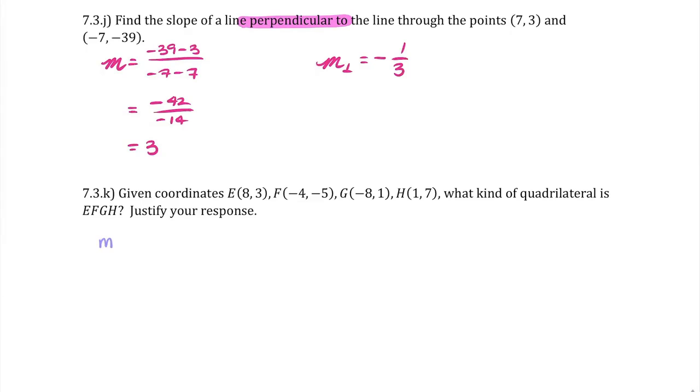So, we're going to find the slope of all of those line segments. So we're going to find the slope of EF. We're going to find the slope of FG. We're going to find the slope of GH. And we're going to find the slope of HE or EH.